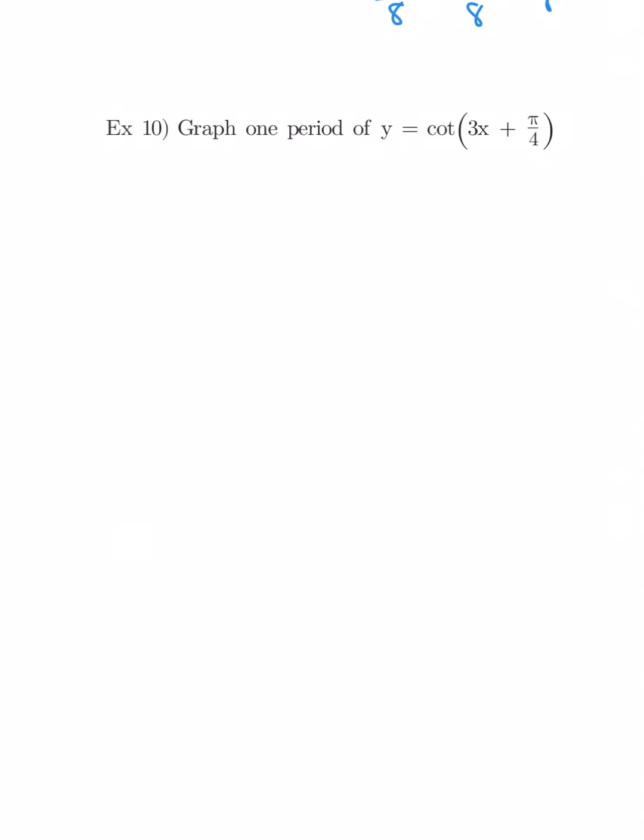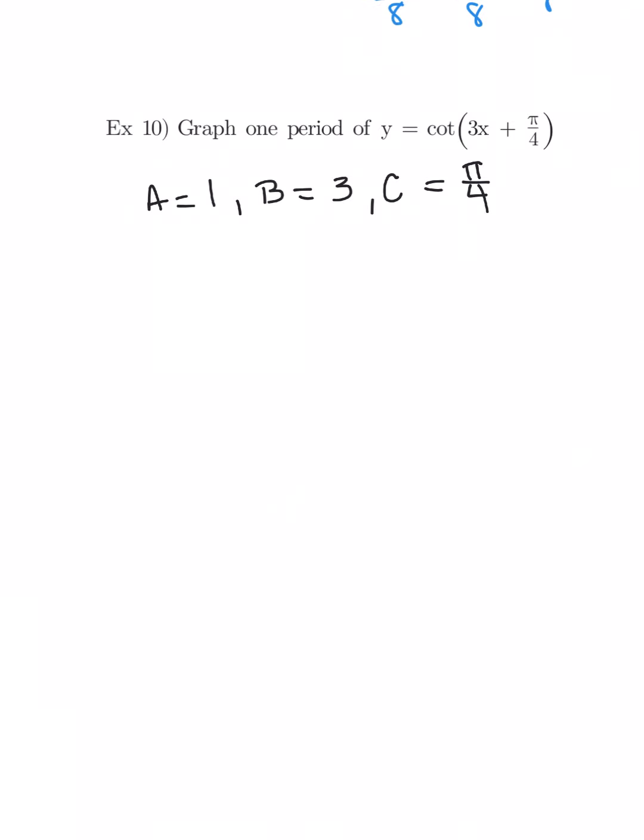The last example for tangent cotangent, we are going to graph one period of the function y equals the cotangent of the quantity 3x plus pi over 4. Our a is 1, b is 3, and c is pi over 4.